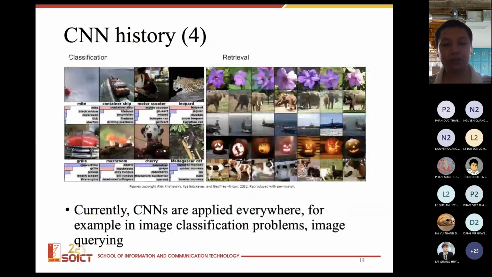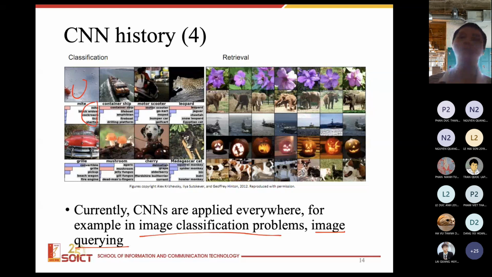And then you see the application of CNN almost everywhere. For example, in the image classification problem, and also for the image querying problem, right? Okay, on the left, you see the classification result. This is the input image, and this is the prediction.